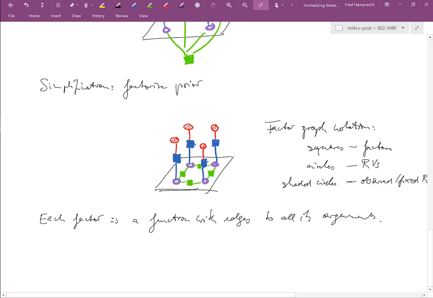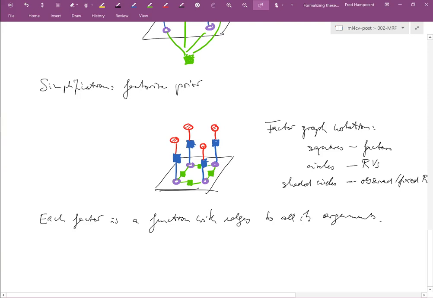So why this whole business about graphs? Because from these graphs, I can read off interesting properties. I can code the locality of the interactions, and I can see which variables are conditionally independent of which others.